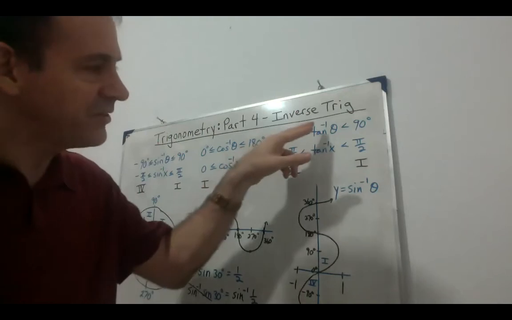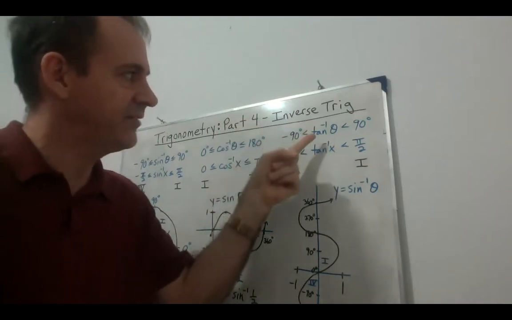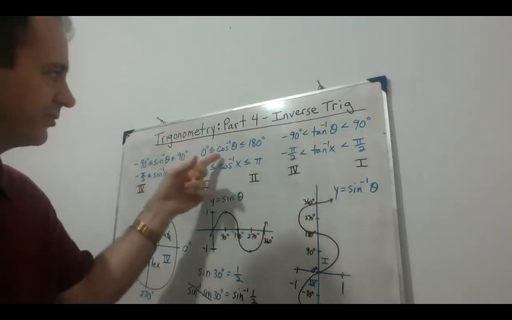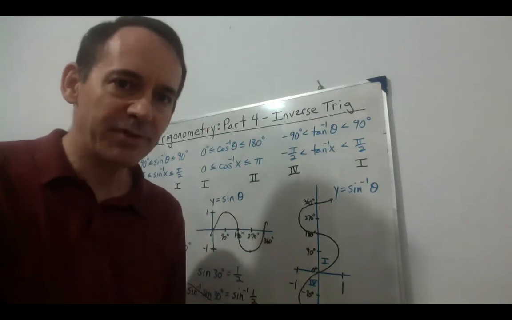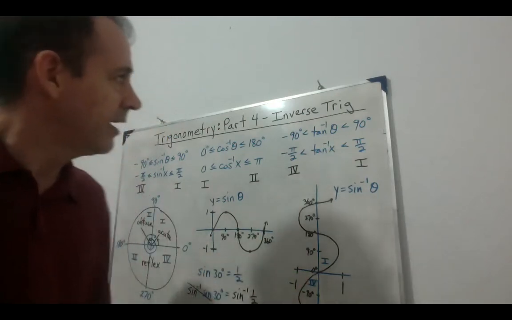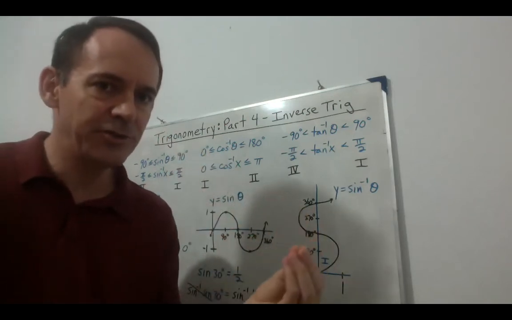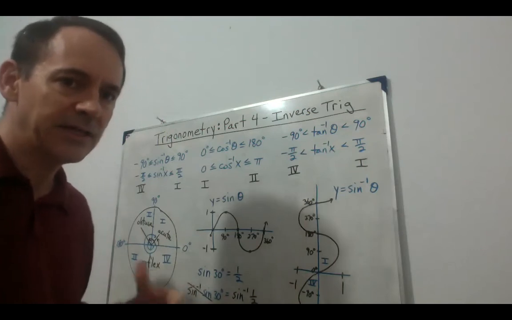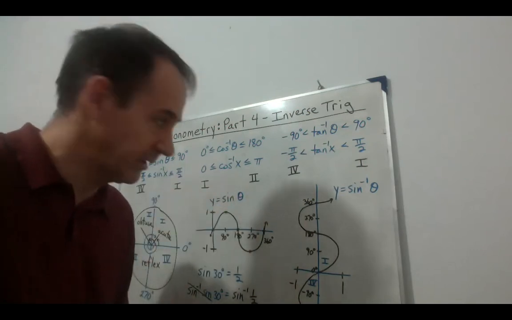So this is simply the notation that it's the inverse tangent, the inverse cosine, the inverse sine, meaning it's the opposite of the regular functions. But what we learned in the functions unit still applies to inverse functions with trigonometry.